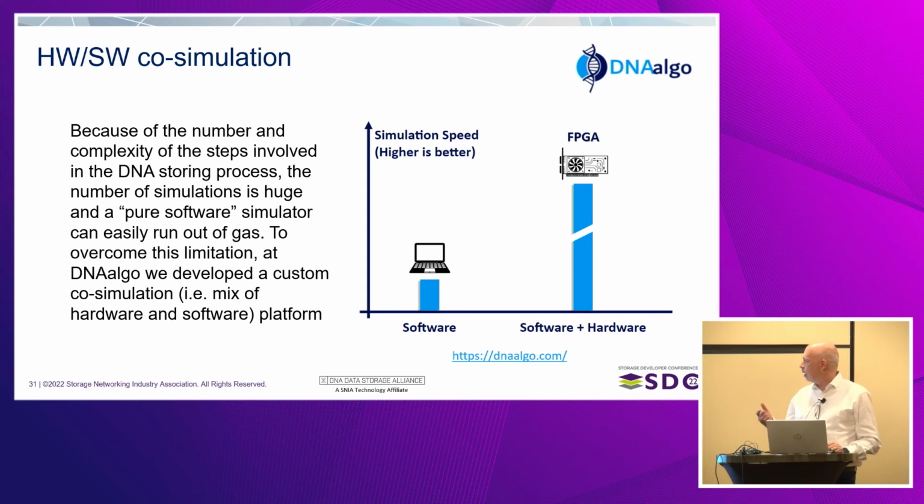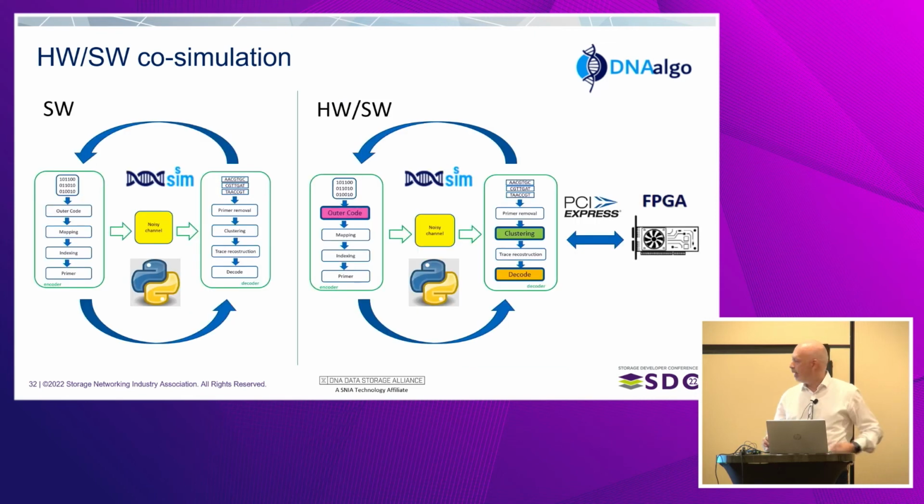So that's why we decided a pure software implementation is not going to work, if we want to build a tool that can enable the big guys to develop a full DNA storage solution. And we decided to go with FPGA acceleration because, of course, ASICs that are DNA storage ready are not there yet, which is good for us, of course.